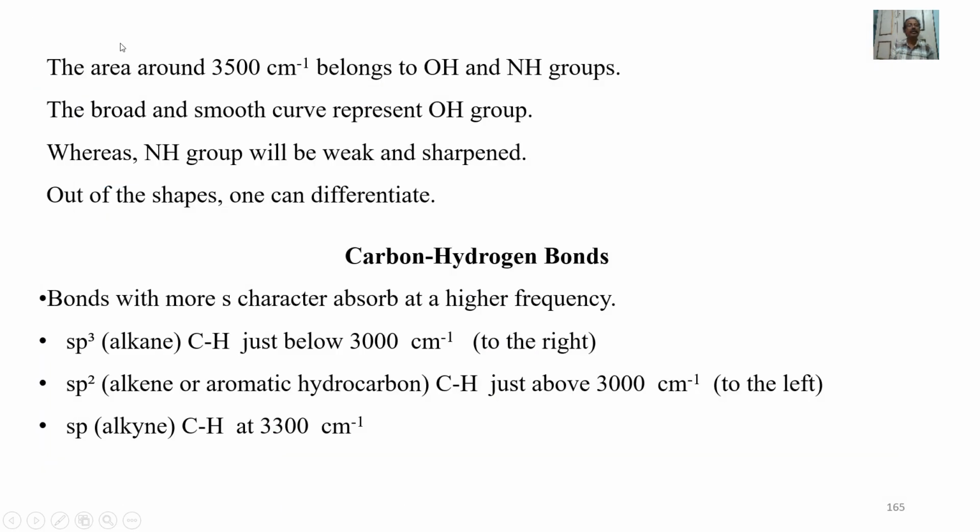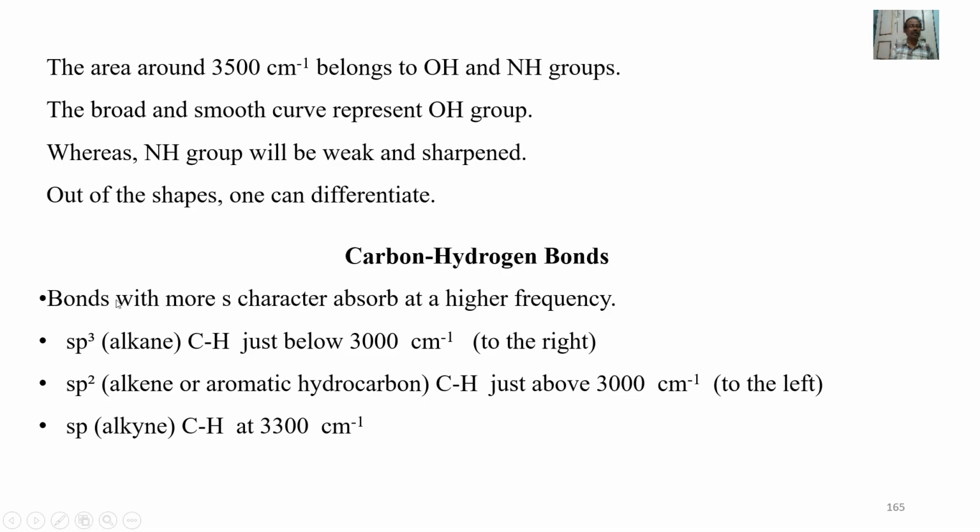The area around 3500 per centimeter belongs to OH and NH groups. The broad and smooth curve represents the OH group. This is out of the figure that we have learned. Whereas the NH group will be weak and sharp. Out of the shapes one can differentiate. Now carbon-hydrogen bonds.